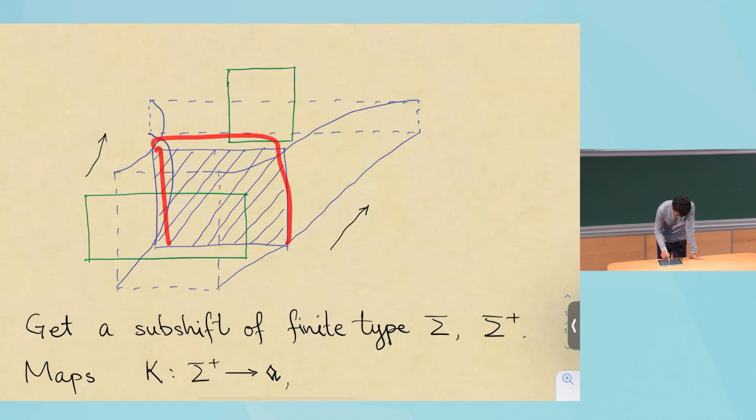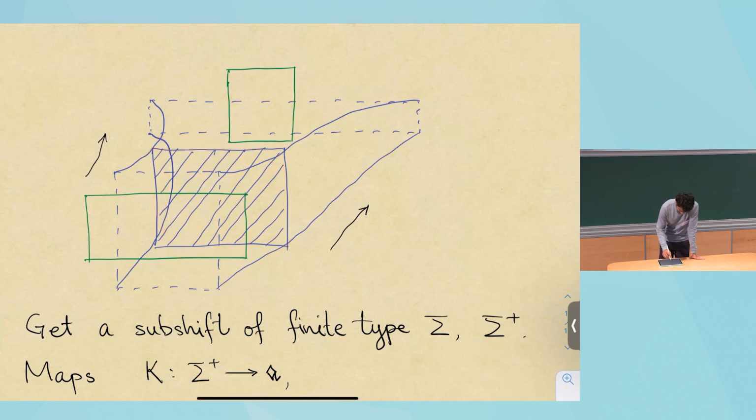If I flow this first rectangle, then when it hits the next rectangle, the stable direction goes into the stable part of the next rectangle. So I drew the image of this rectangle using dotted lines here.